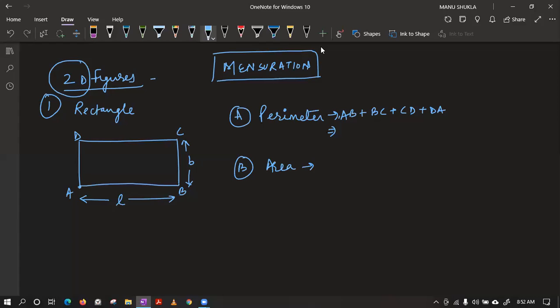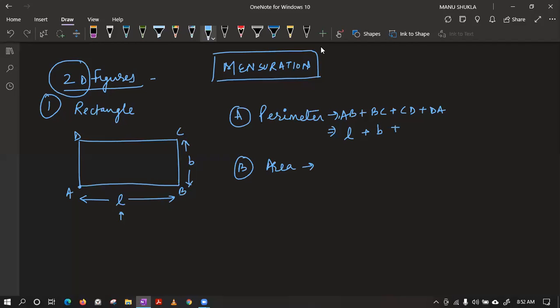Don't worry for this. Now, AB is L. So you can write L over here. BC is B. Class, what about CD? If AB is L, BC is B, what about CD? CD is also L. Why?